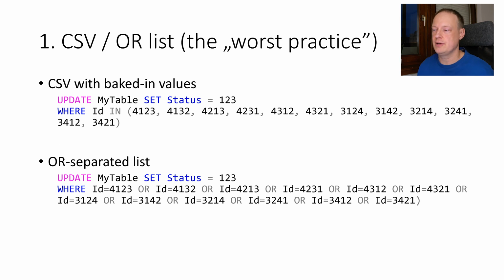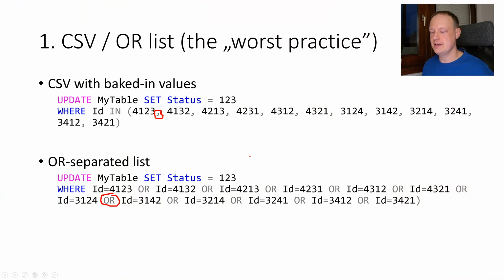So you put the values with OR conditions, but the effect is essentially the same. The telltale sign is this comma. If you use commas to separate the values, or you use OR to list the values, then you are using the worst possible method. So why is this so bad?